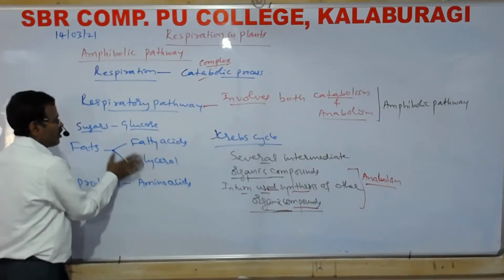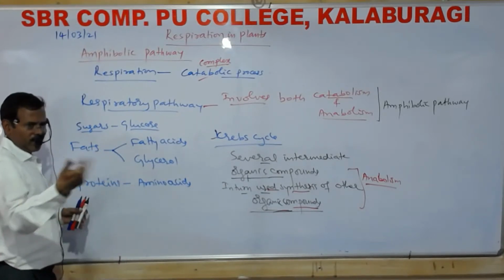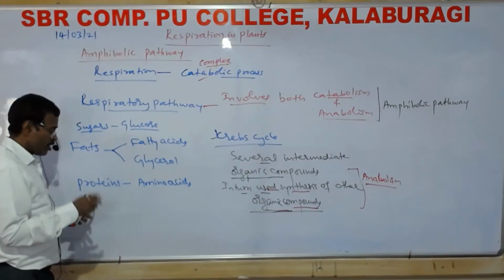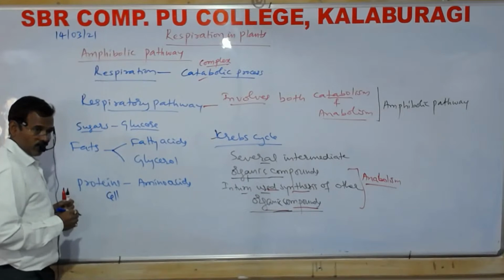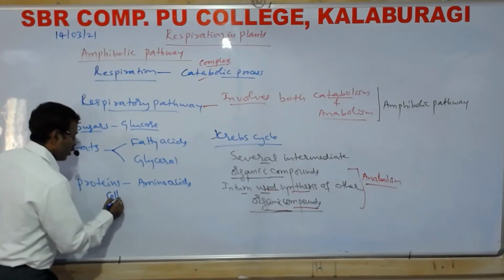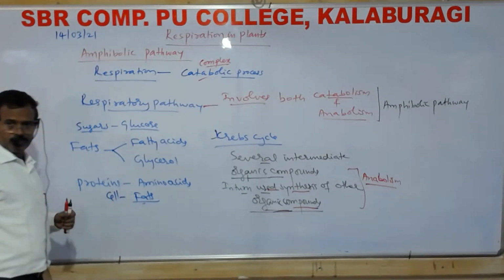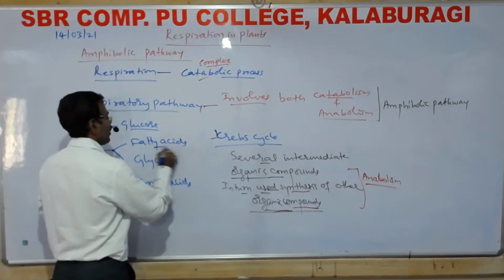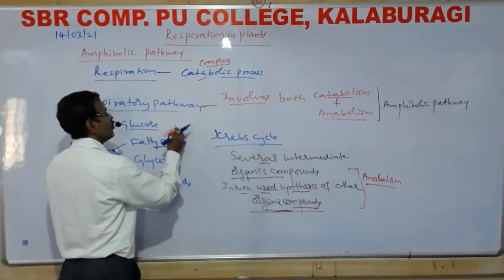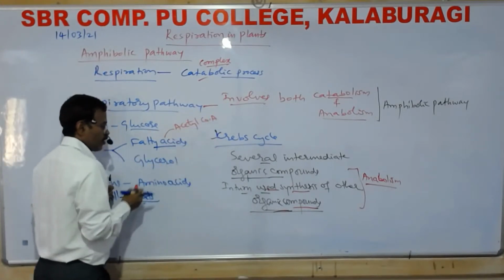See, when these are used as respiratory substrate, they are broken down and a lot of energy is released. Now, in a cell, if fats are to be synthesized, the fatty acid is converted into acetyl coenzyme.